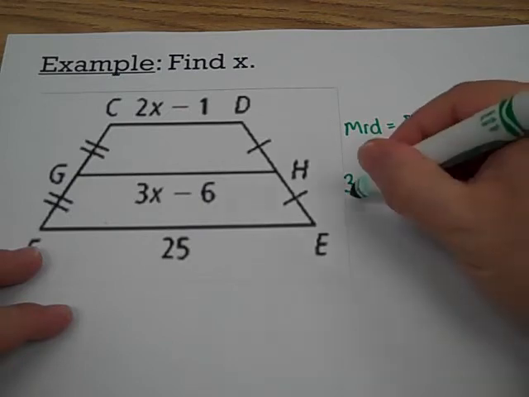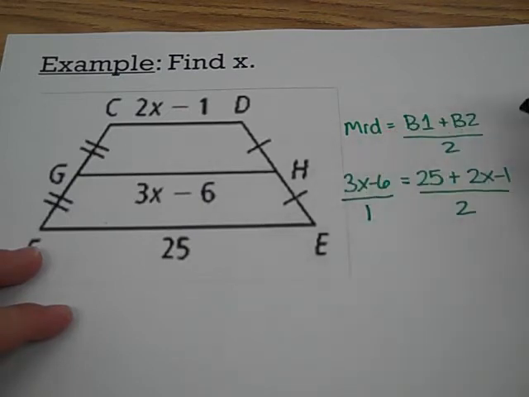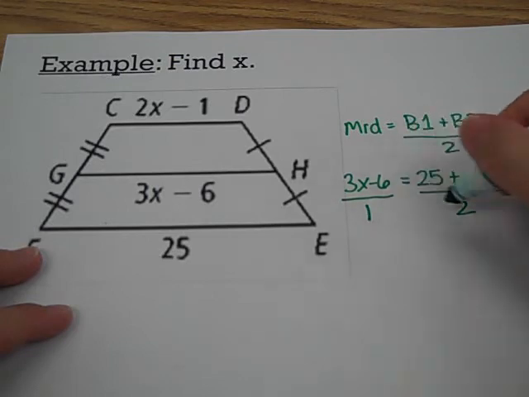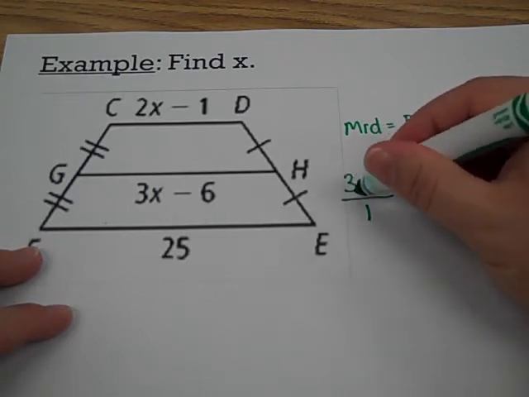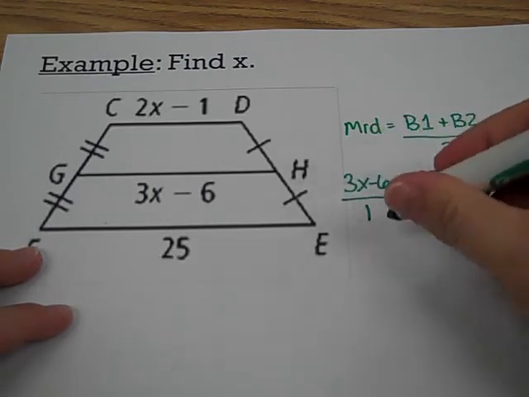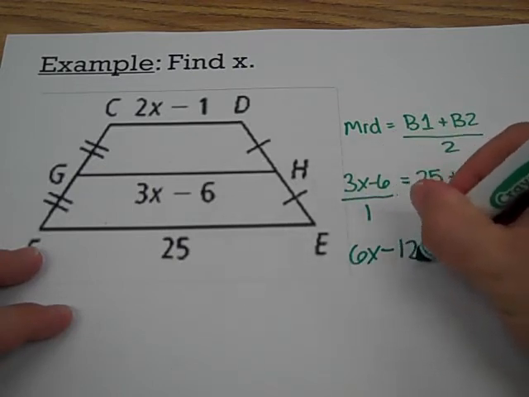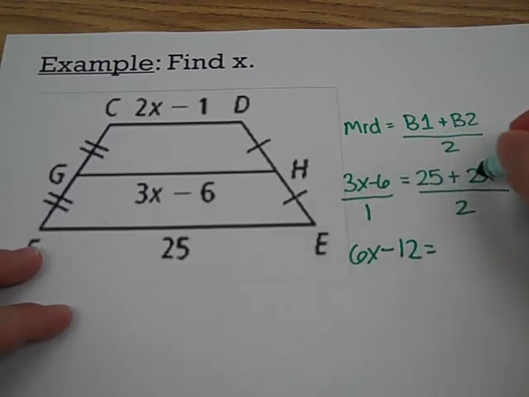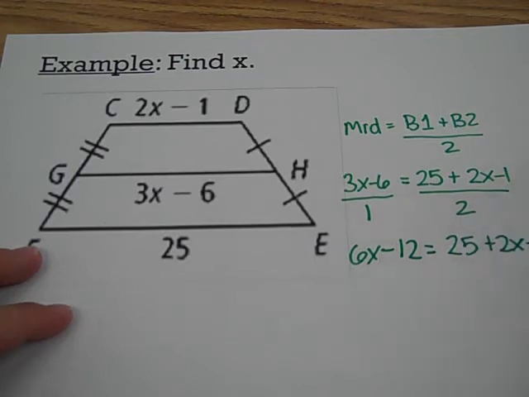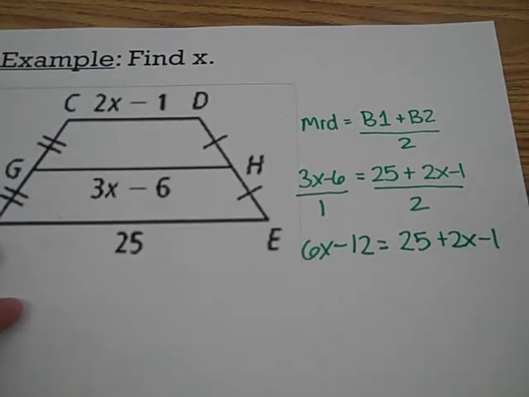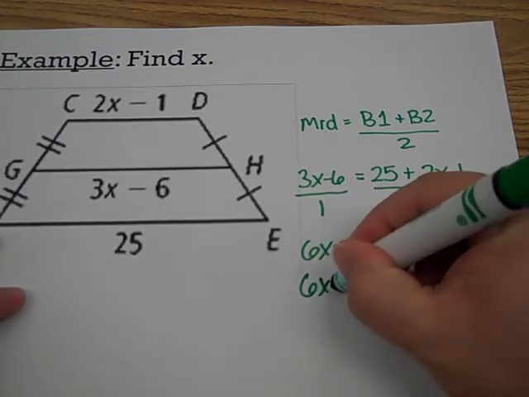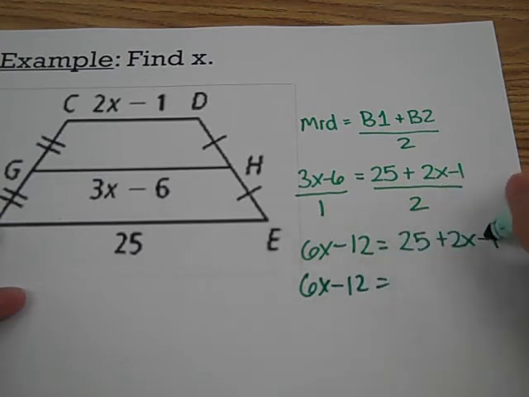In order to get rid of the 2, I'm going to create this to be a proportion. And I can cross multiply. This 2 is going to be multiplied by everything in here. So 2 times 3x gives me 6x minus 2 times 6 is 12. And then when I multiply 1 times all of that, it just stays the same. So now I can just continue and keep solving this equation. 25 minus 1 gives us 24 plus 2x.